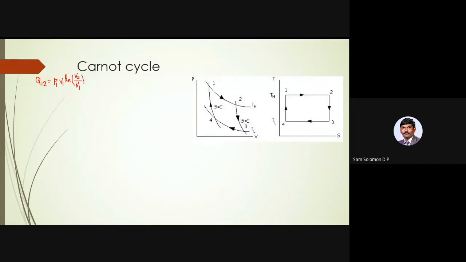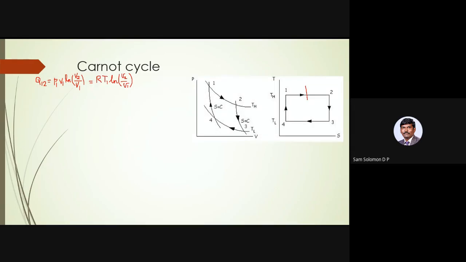And we can further write this as, let me keep this as small v, RT1 times ln of V2 by V1. Okay, so this is our Q12 and this is a heat addition process.